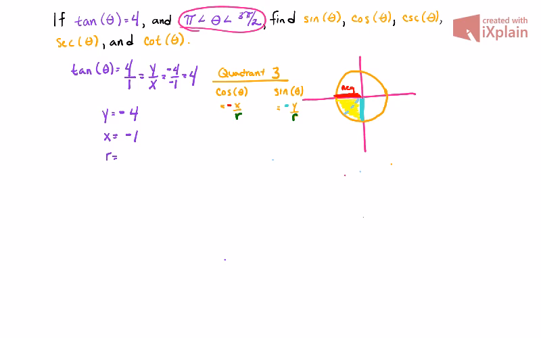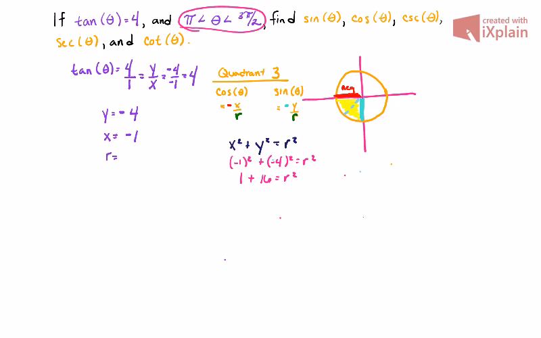Now, we're going to go ahead and find r. Simply by using the equation for a circle, we can uncover what the radius measure is. We have x, and we have y. And by plugging them in, notice that the only variable that we have left to solve for is our radius. So -1 squared is +1, -4 squared is 16.